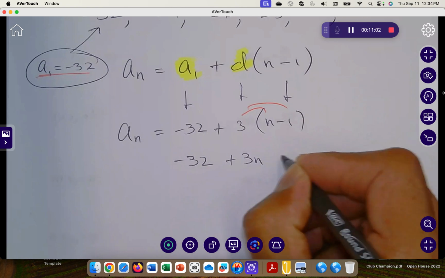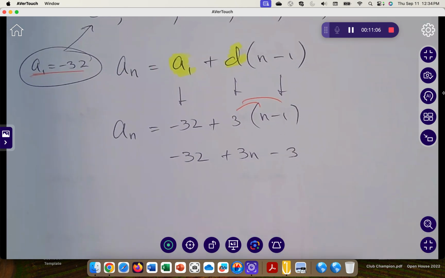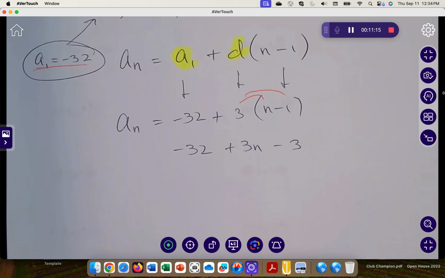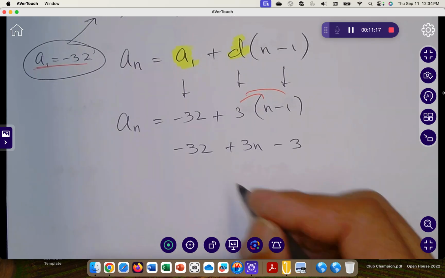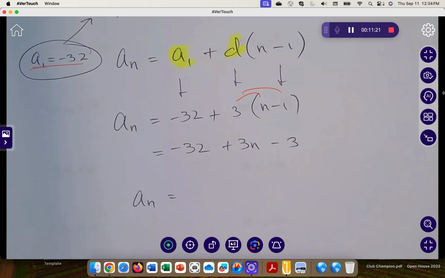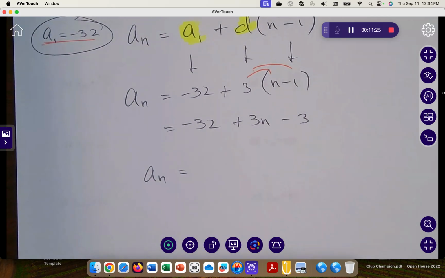All right, check your work. Don't mess up here when you distribute. Watch your signs. When you multiply 3 times n, 3n, 3 times negative 1, negative 3. Which one do you want to write first, the number or the 3n?